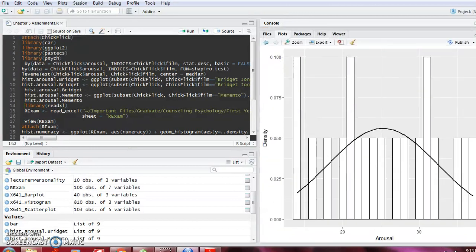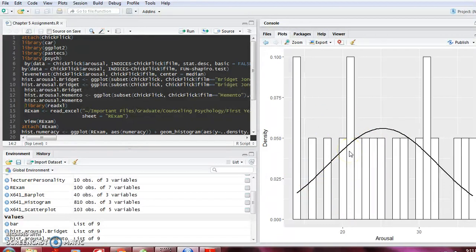So now what we know about the values of skewness and kurtosis for Memento. I know it's not titled, but this is what it is. This is what we expected from Memento. It has a positive value for skewness, so the data is gathering up towards the left side.